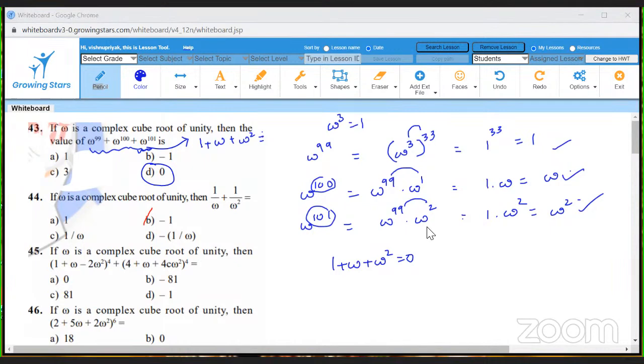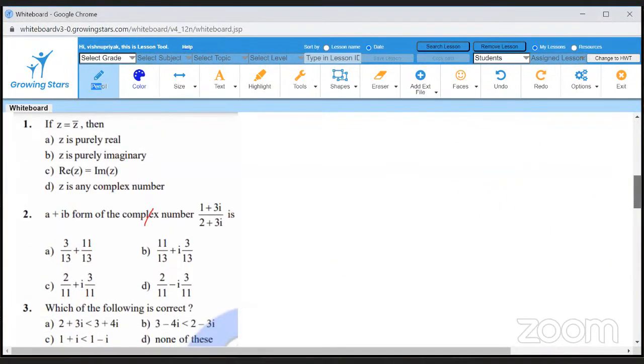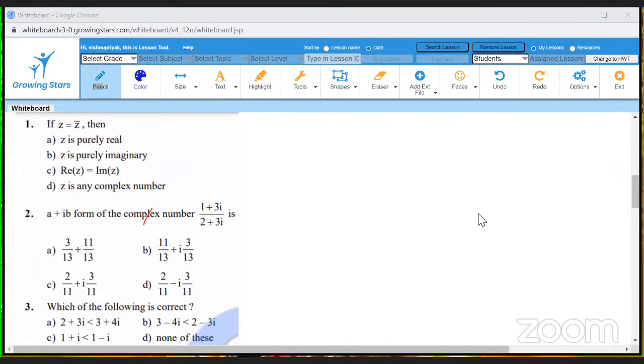Question number 1 to 12, you want again? Okay, here. Swati has asked me to show question number 1 to 12. This is 1 to 3.